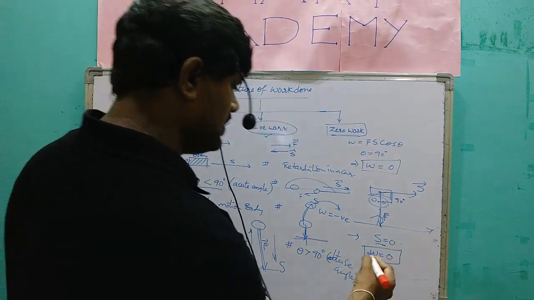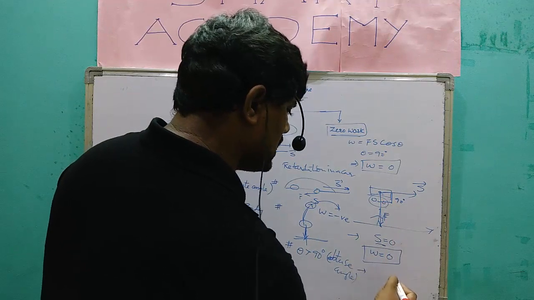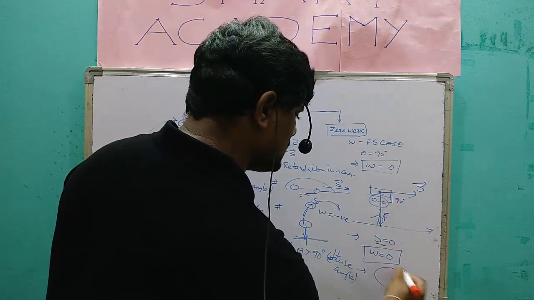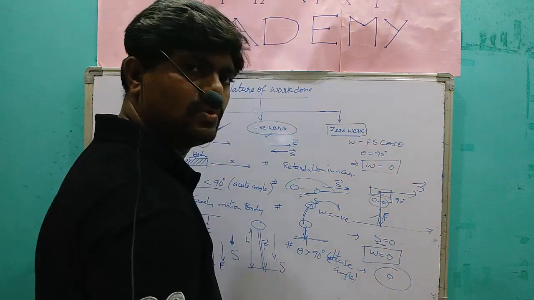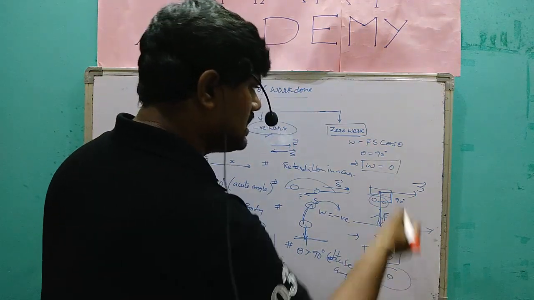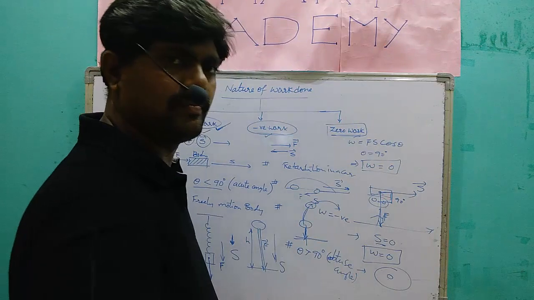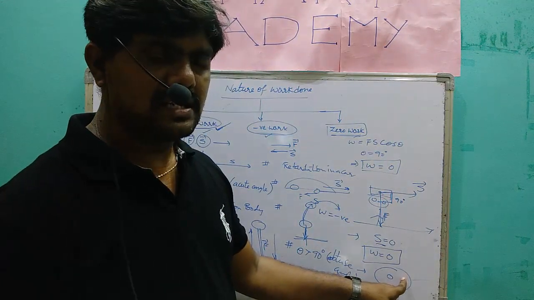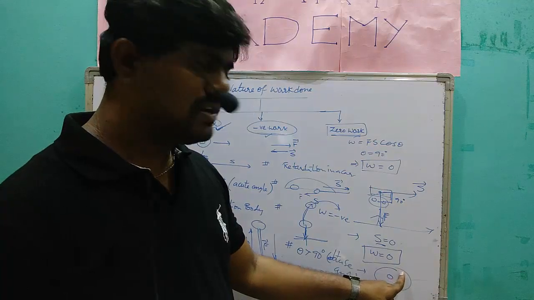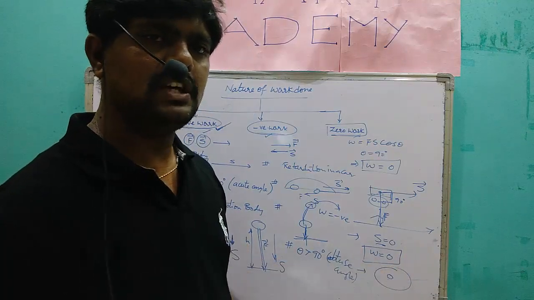Okay. Similarly, in the revolving of a satellite around a planet, the work done is also equal to 0. Why? Because it has constant velocity. When velocity is constant, acceleration should be 0.